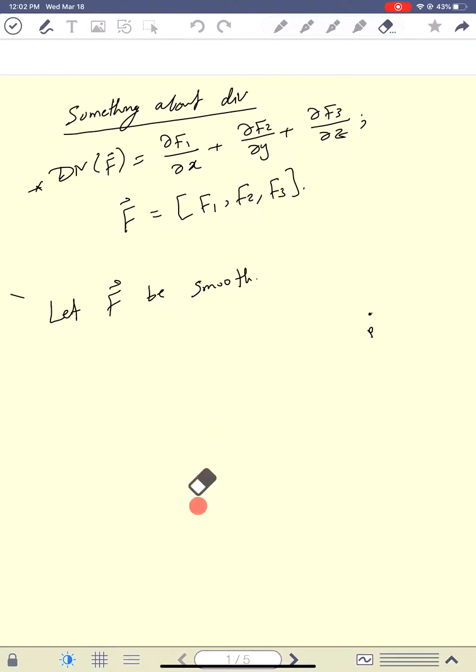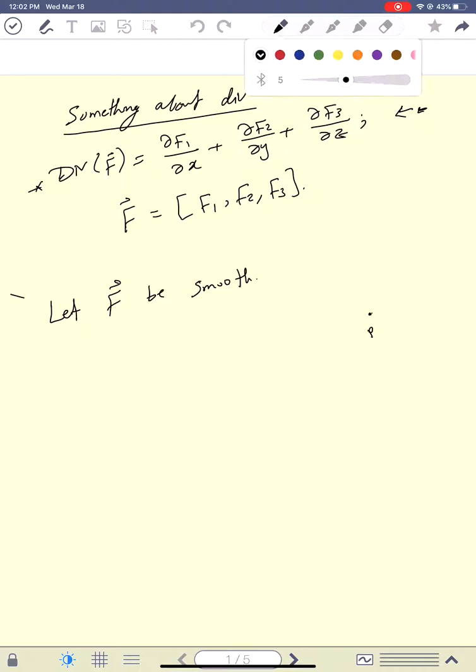So we did surface integrals. We did the divergence theorem as a relation between the surface integral and the triple integral. Now I want somehow to see this divergence definition coming from a surface integral, just to make the idea of surface better understood.